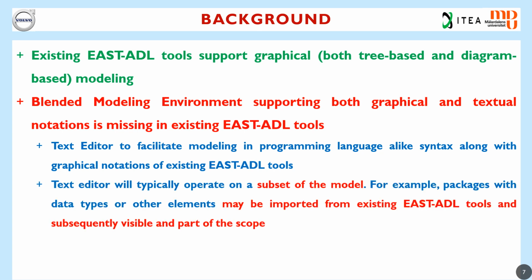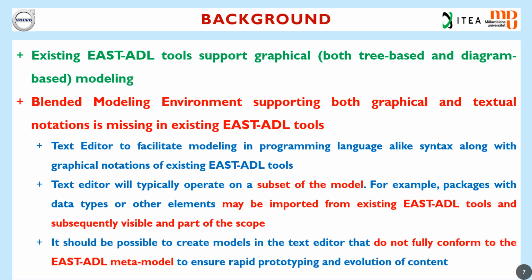While achieving this, there are a few other requirements. A text editor will typically operate on a subset of the model. For example, packages with data types or other elements may be imported from existing eSTDL tools and subsequently be visible and part of the scope in the text editor.